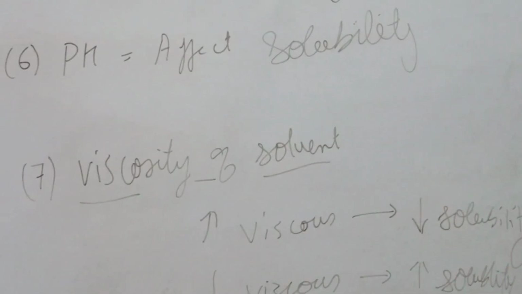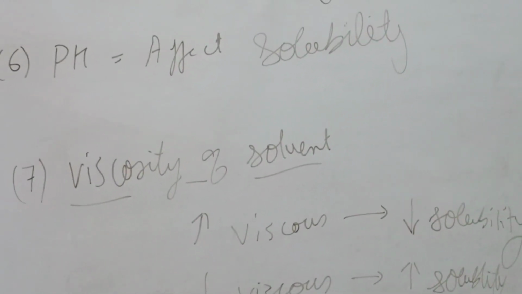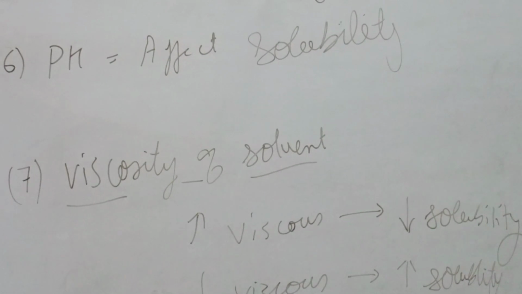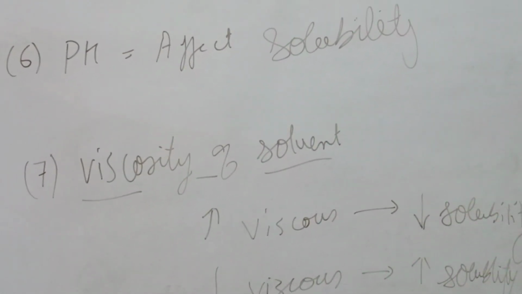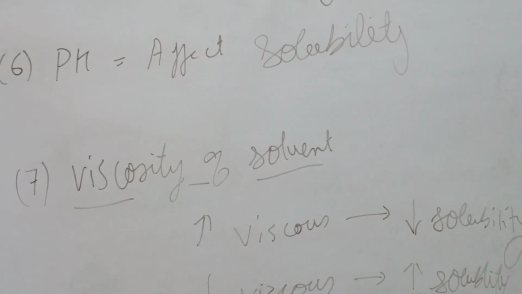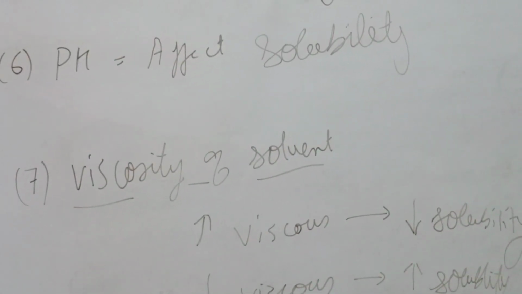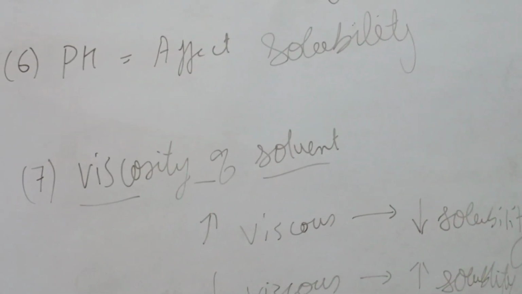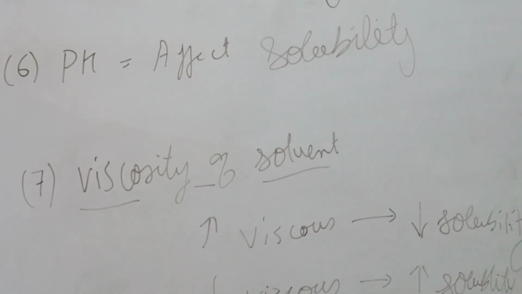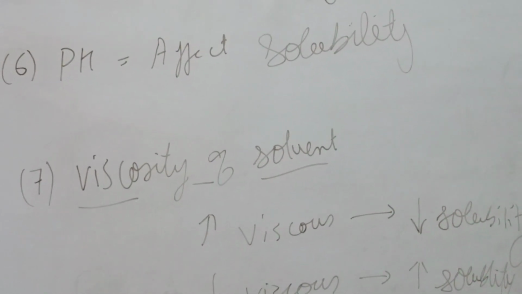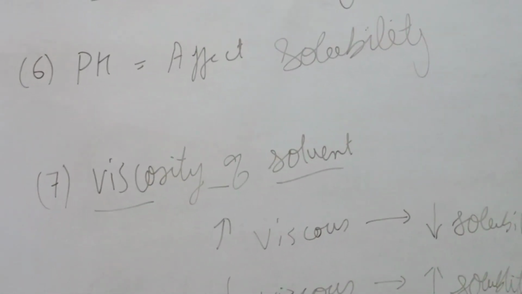If I exemplify this, pH plays a very important role during the formulation or manufacturing of dosage forms, or production of certain drug substances, where the pH of the solvent is essentially maintained in a particular range, a definite pH, in order to dissolve that particular drug and produce or formulate the dosage form.